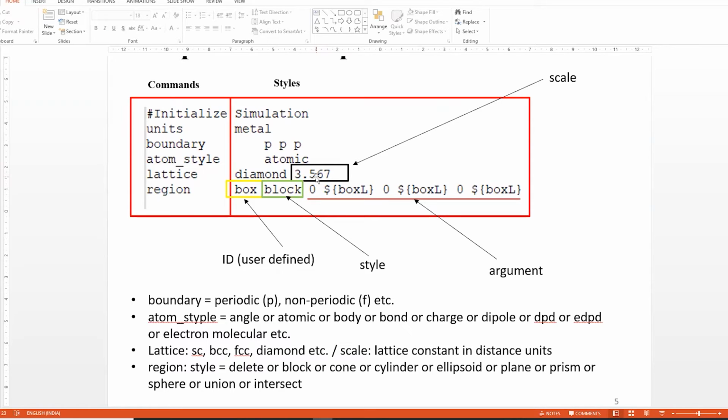So that will give you in angstrom. So suppose if you are taking 10 as a box length, so 35.67 angstrom will be your box length in x. Similarly, you can select for y or z direction. Okay. So I hope this is clear to all. Any doubt for this, for the box and the boundary condition or the units? So it is very basics.